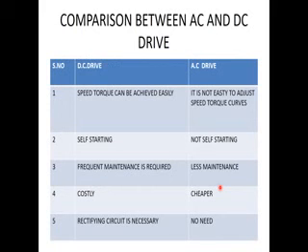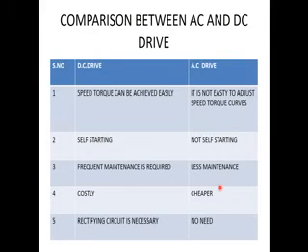So this is the comparison between DC and AC drive. There are two types of drive. AC drive means a control mechanism or drive system designed to control the speed of an AC motor, and DC drive means a control system employed to control the speed of a DC motor.